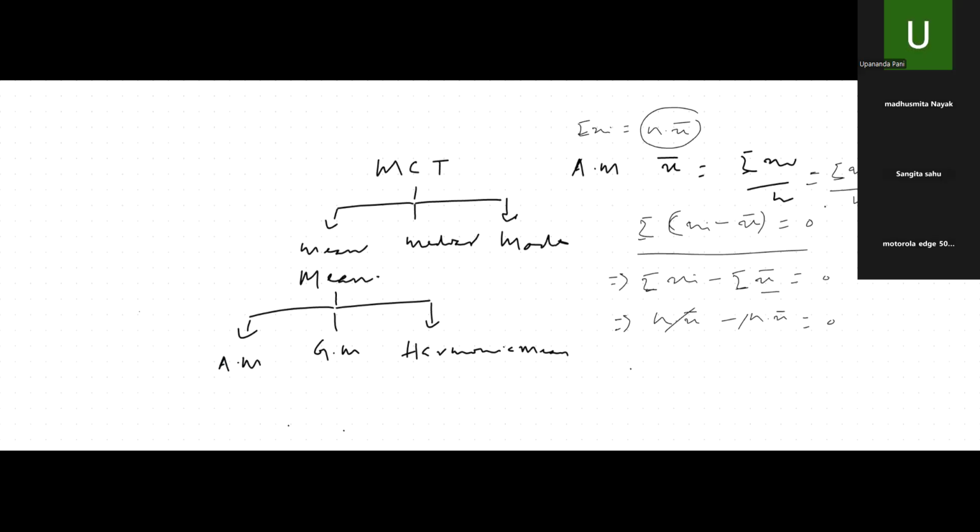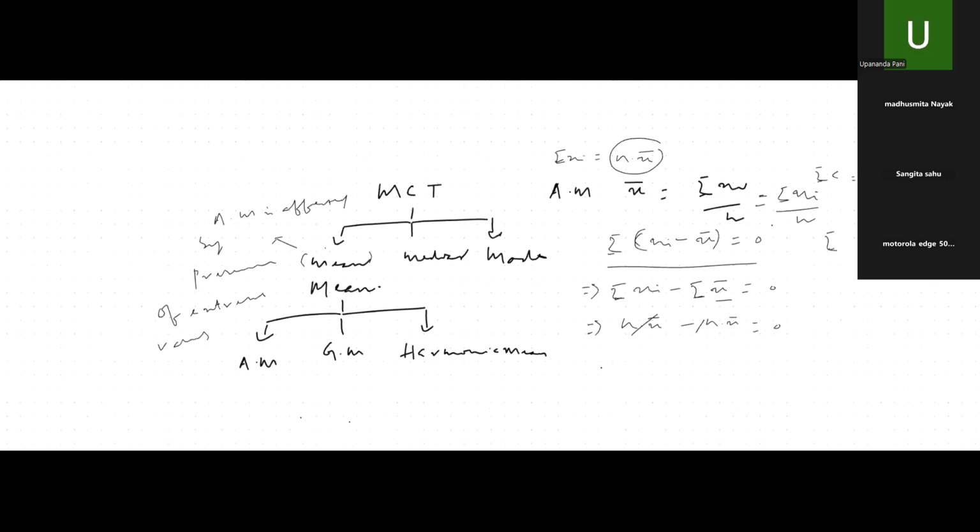Arithmetic mean is affected by the presence of extreme values, that is, extreme large or small observations. We will not do an example.